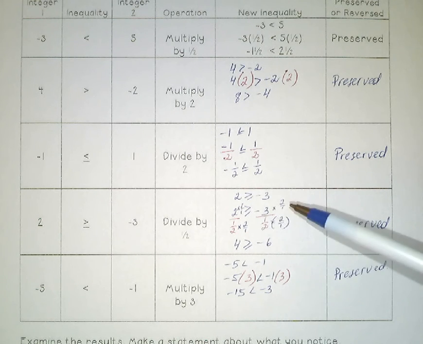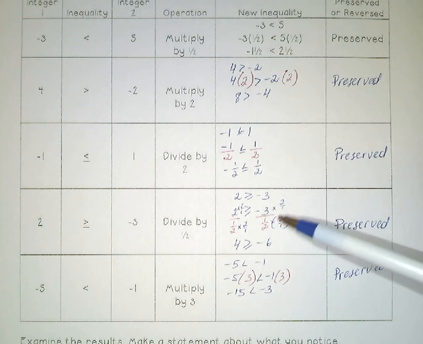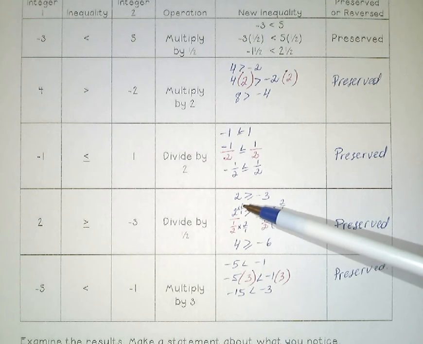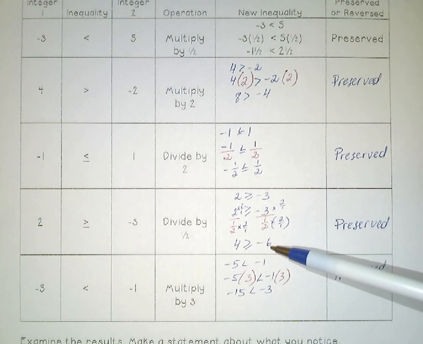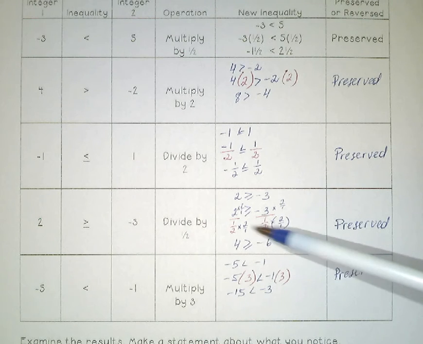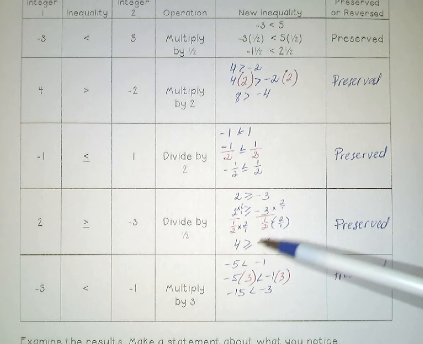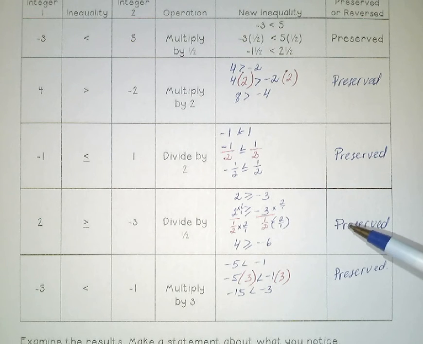So I have here 2 times 2 is 4, and -3 times 2 is -6. All the denominators go away. 4 is greater than or equal to -6, so the sign is preserved. It is true.